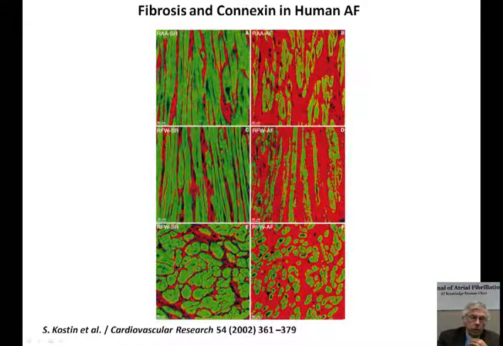So how might gap junction remodeling contribute to atrial fibrillation? Well, first let's look at what we think are the mechanisms for atrial fibrillation, and there are a number of different possible mechanisms.